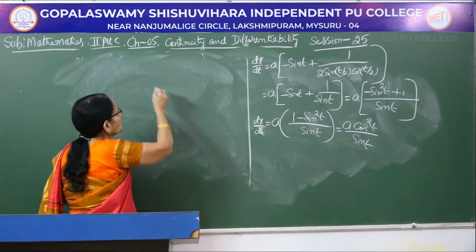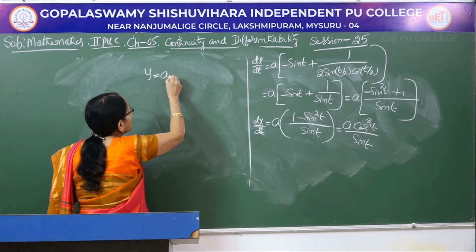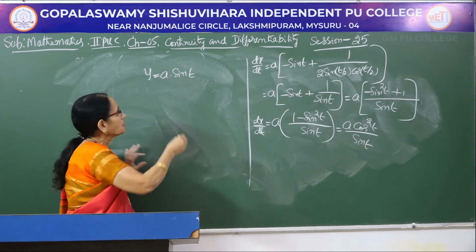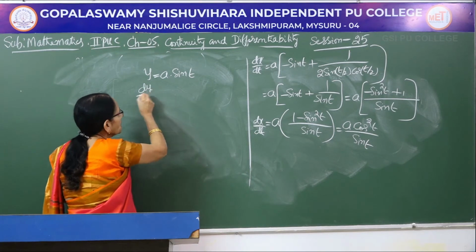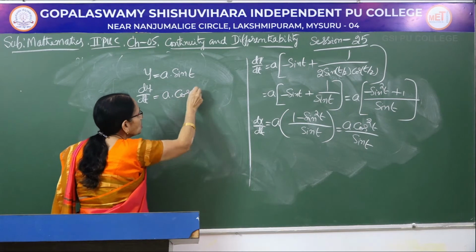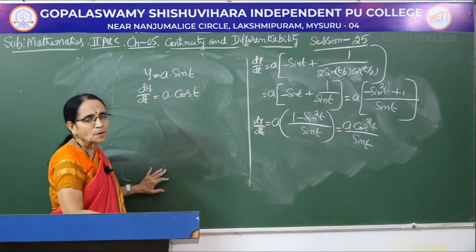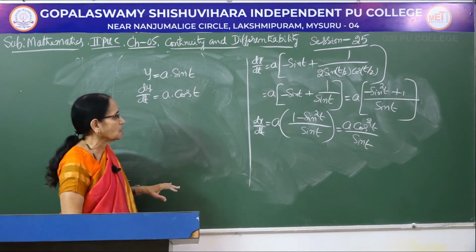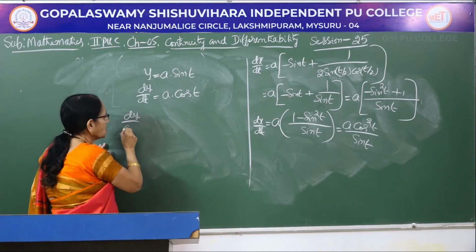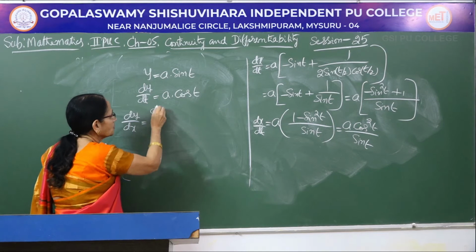Now, let us come to y. Y is a into sin t. It is a simple function here. Therefore, when you differentiate, dy by dt is a into cos of t. Very simple, direct differentiation.